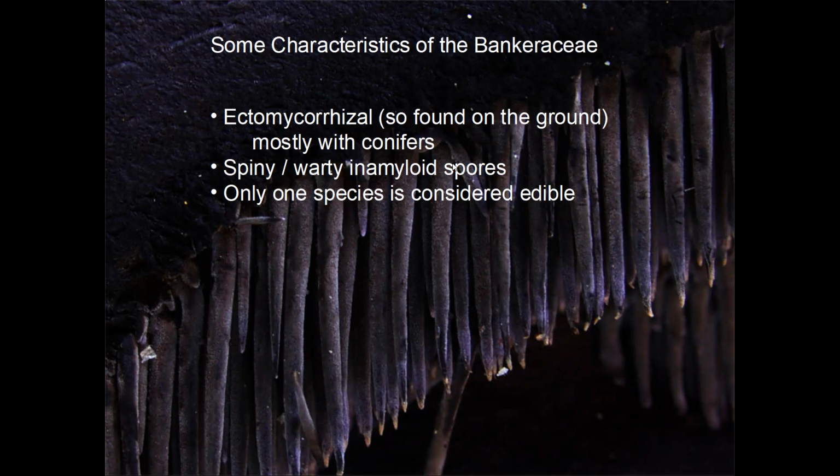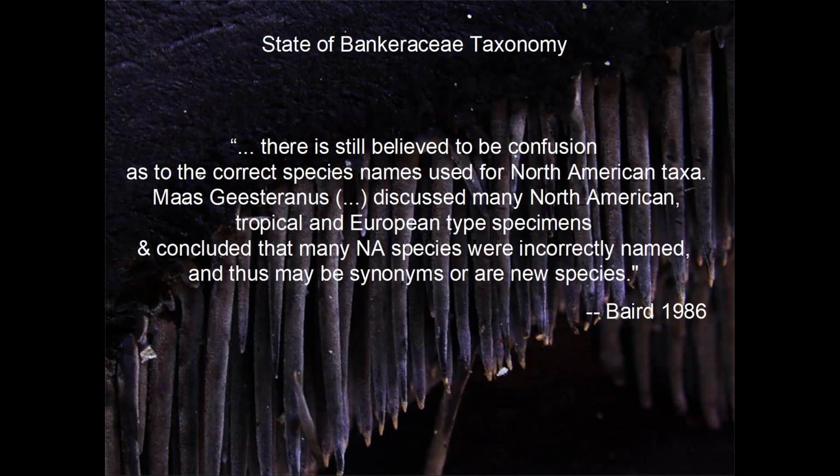They have spiny, warty, inamyloid spores. Inamyloid means they don't turn bluish with a particular chemical, Melzer's reagent, or iodine. Unfortunately, only one of the species is considered edible, but it's quite rare, so you really shouldn't eat it. It's probably going to be on the red list if they can ever get that sorted.